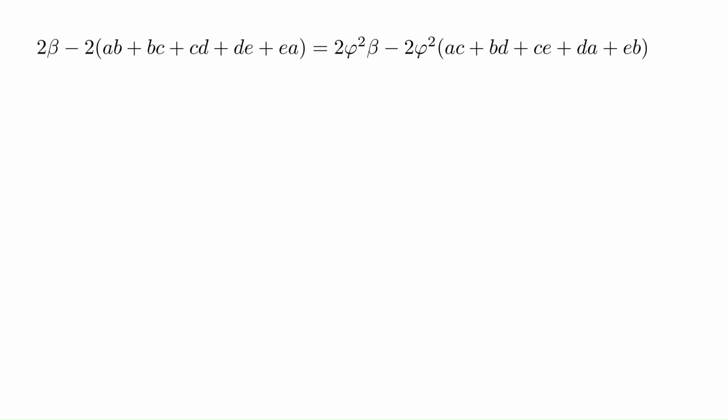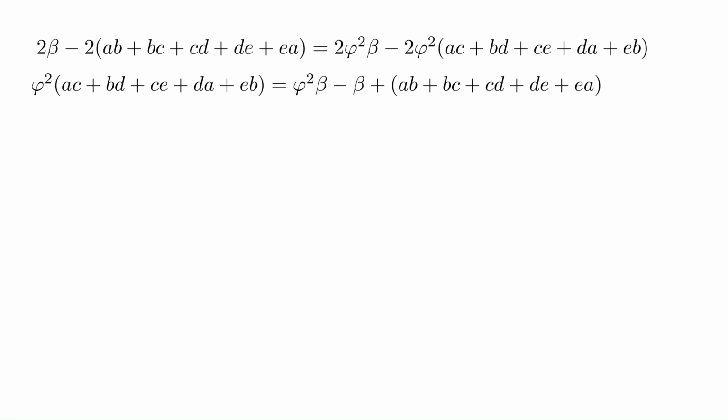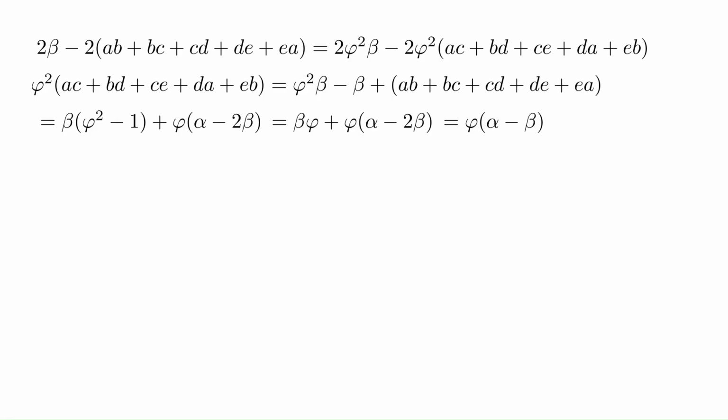We move this piece to the left side and everything else to the right-hand side. We already know the sum of 5 products of neighboring sides equals alpha minus 2 beta. Plug it in and simplify it. It is equal to phi times alpha minus beta.